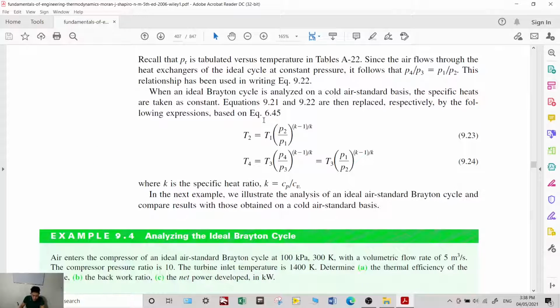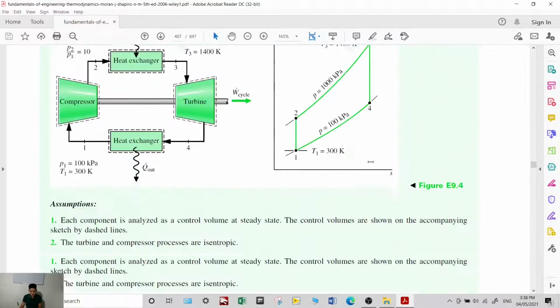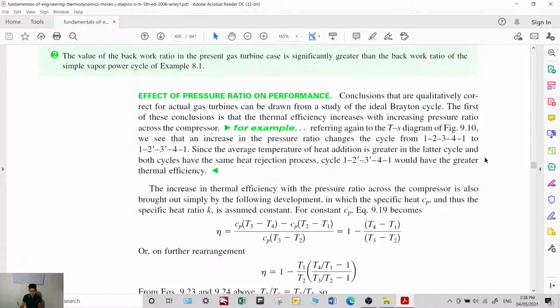Okay, so for cold air standard analysis, again for cold air, for the isentropic processes, you can get these relations by assuming that the specific heat ratio is constant. Okay. So later on, we will have an example for this Brayton cycle.